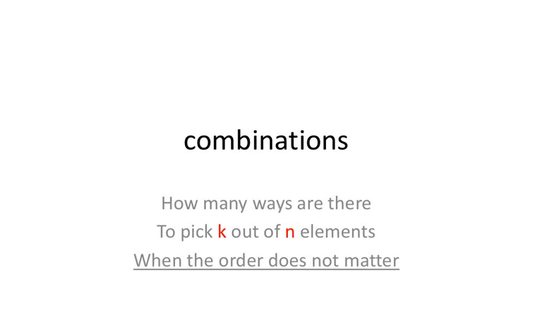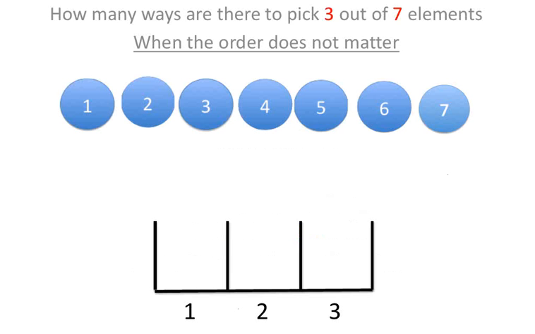Okay, so combinations, or how many ways are there to pick k out of n elements when the order does not matter? We know already how to pick 3 out of 7 elements when the order does matter.